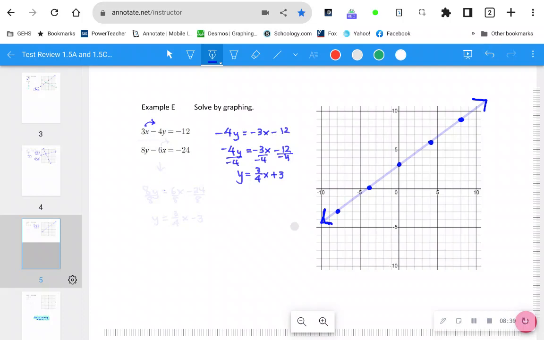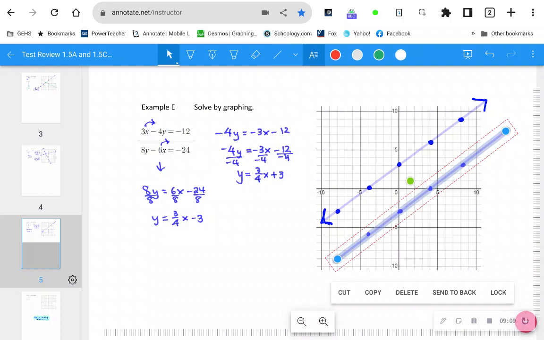Okay. Now the other one, once we solve for y on both of these equations, gives a y-intercept of -3. And this one has a slope of 3 up and 4 over, 3 up and 4 over, 3 down and 4 back, 3 down and 4 back. And we have an issue here, Houston.